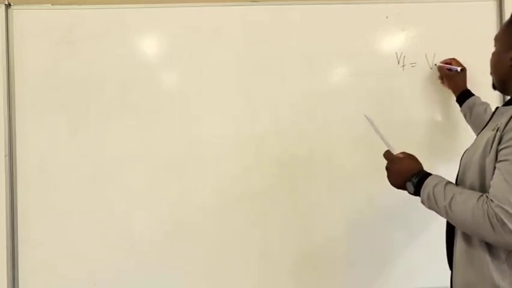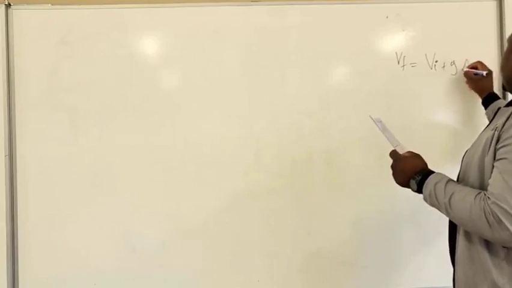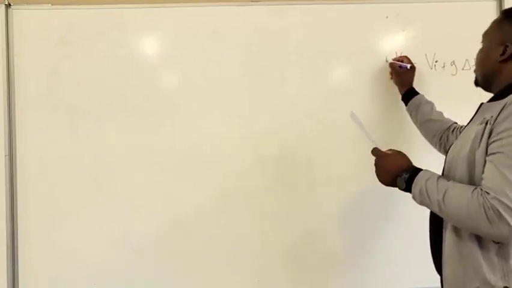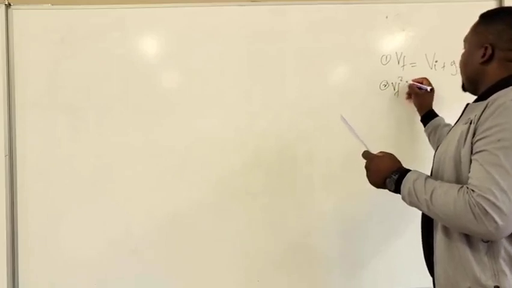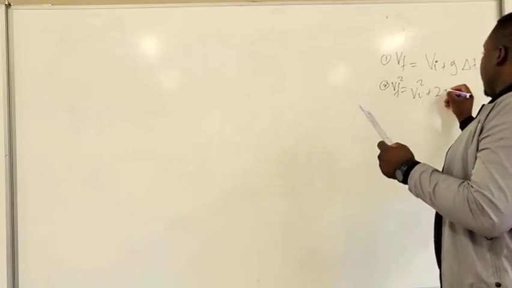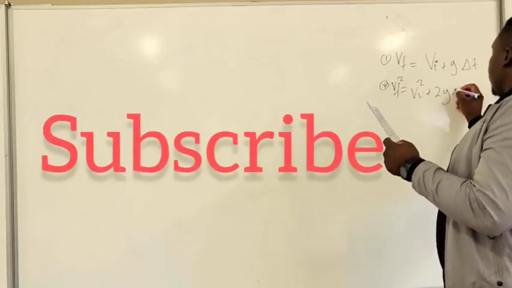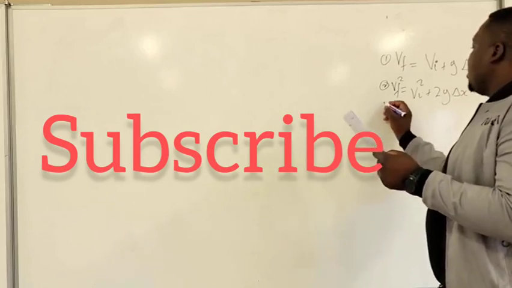Vf is equal to Vi plus G, change in time. This is formula number 1. Formula number 2, Vf squared is equal to Vi squared plus 2 G, change in displacement.